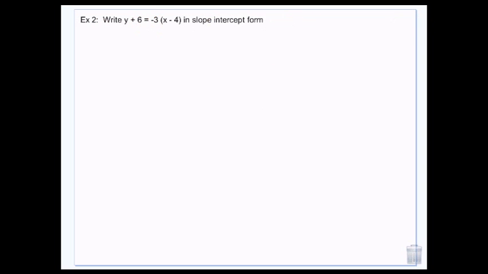Oops. You don't have a fraction. That's nice. So you just distribute the 3. It's a negative, so you have to distribute that negative in with it. Darn it, that's supposed to be an x. Plus 12. And then subtract 6 from both sides.